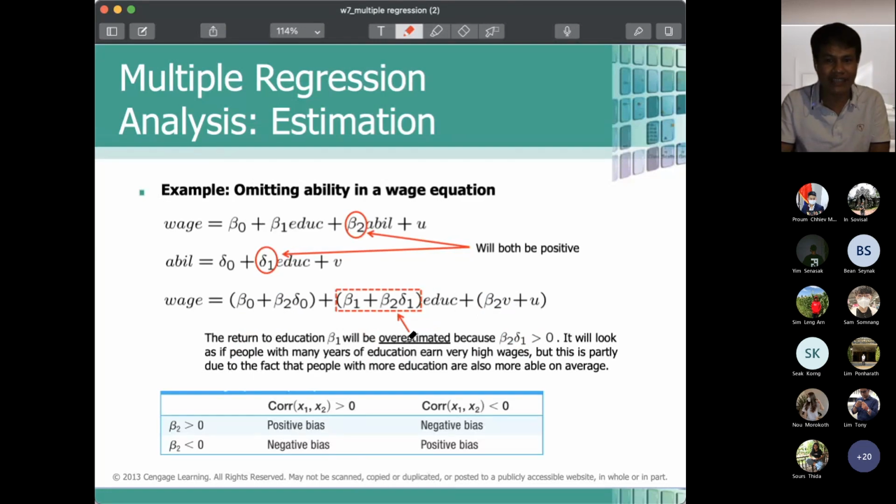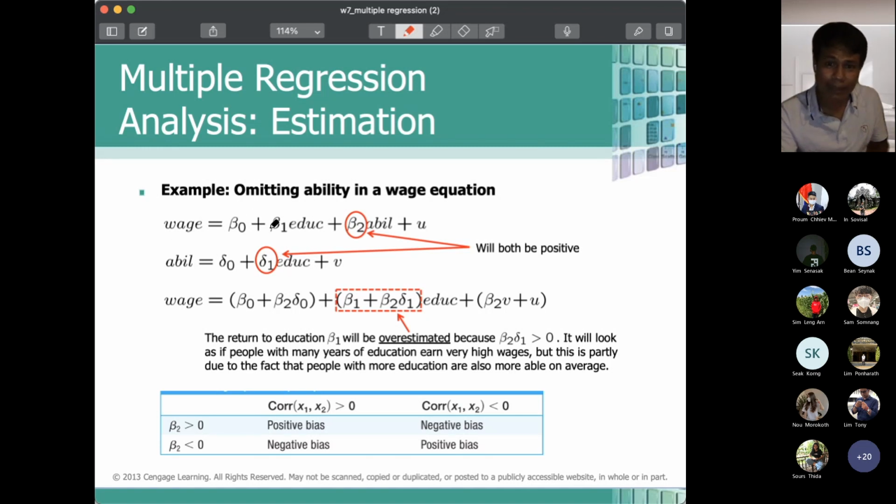All right, here's an example. Assuming the true model here, if you don't follow the math, look at this example. Assuming that we want to estimate the effect of education on wage, right?